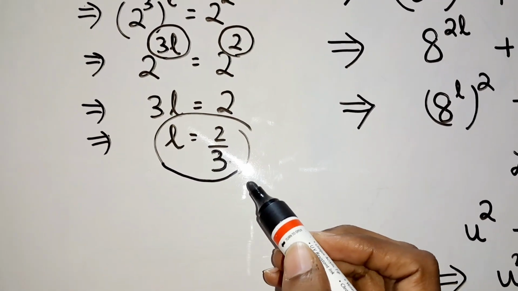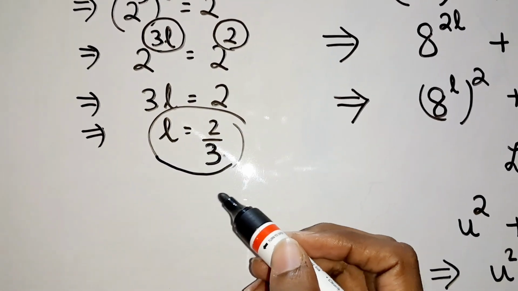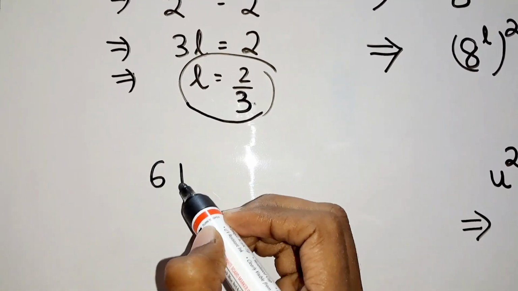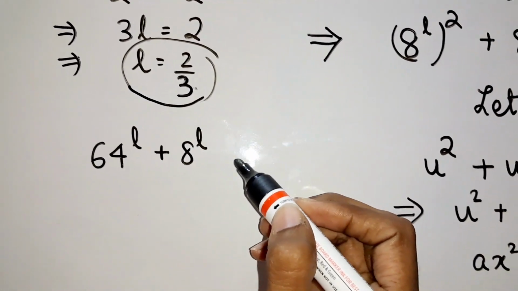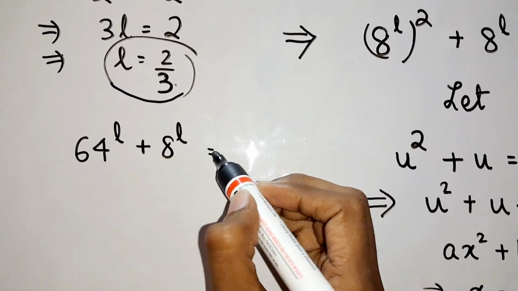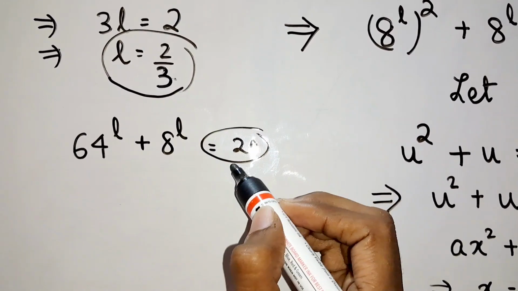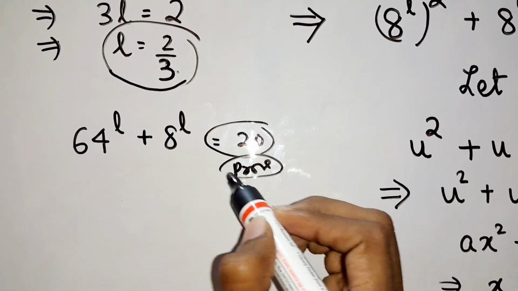Now we can check whether the answer is correct or not. Our equation is 64^L + 8^L, and we have to show that it equals 20. Is it correct or not?